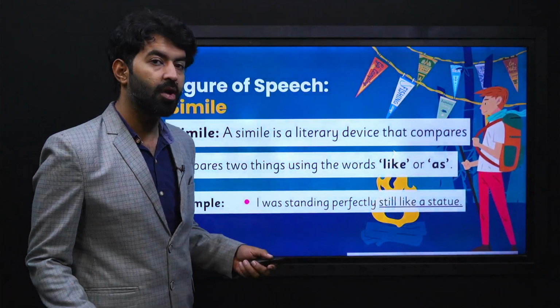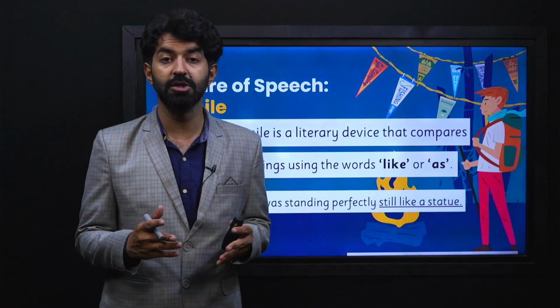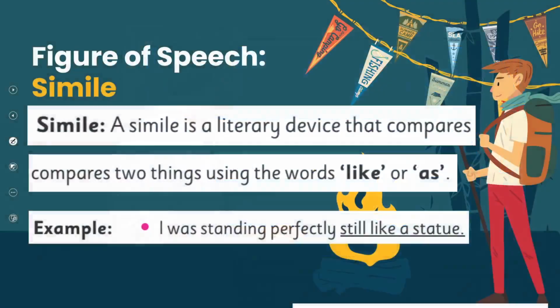Now, let's talk about another figure of speech, which is simile. Now, simile is a literary device, or we could say a figure of speech that compares two things using the words like or as. So, let's see with an example. I was standing perfectly still like a statue.